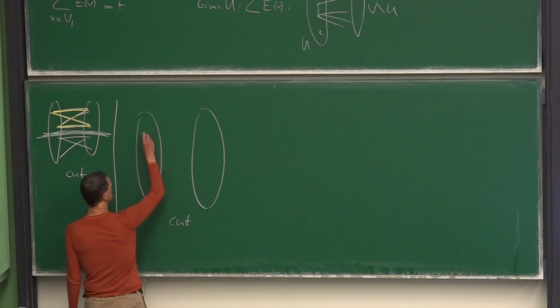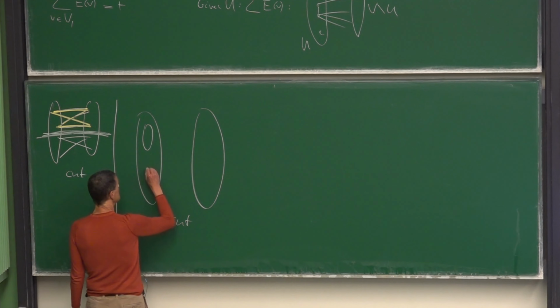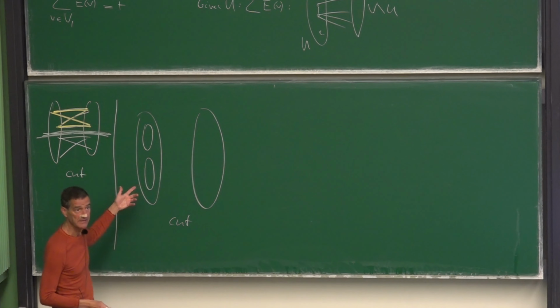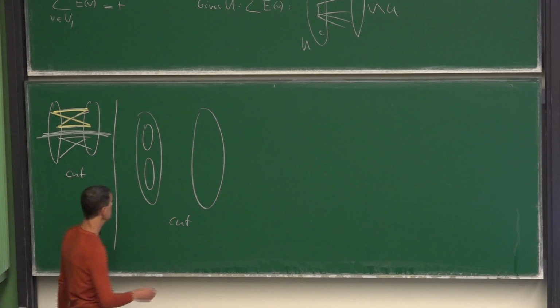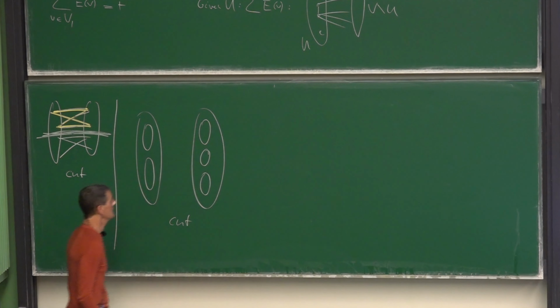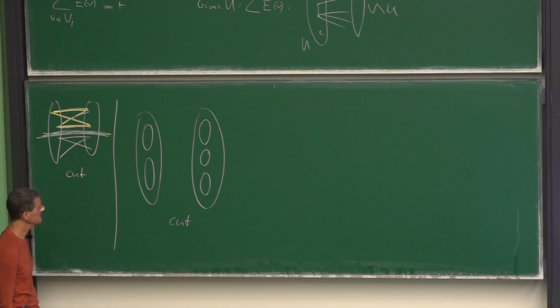Okay, the two partition sets might be connected or they might not be connected in G. So to make it a little more general, let's assume they're not.